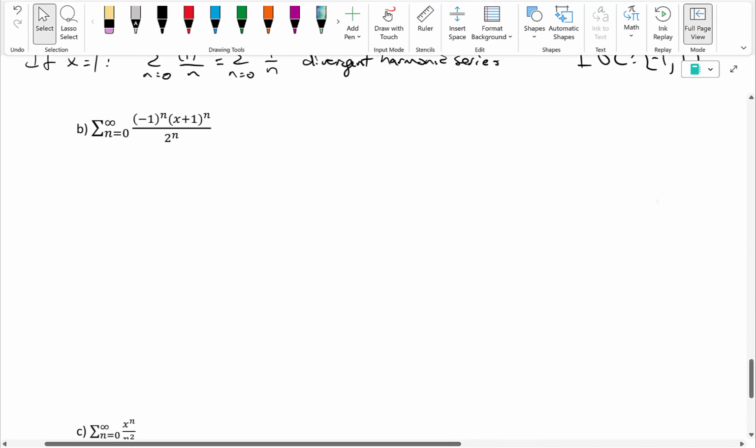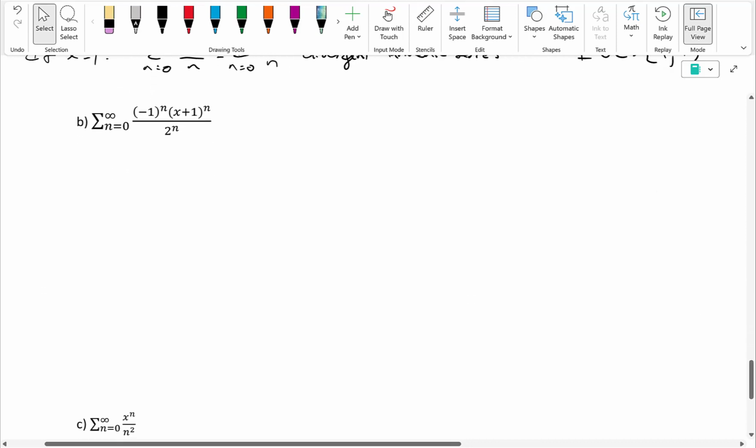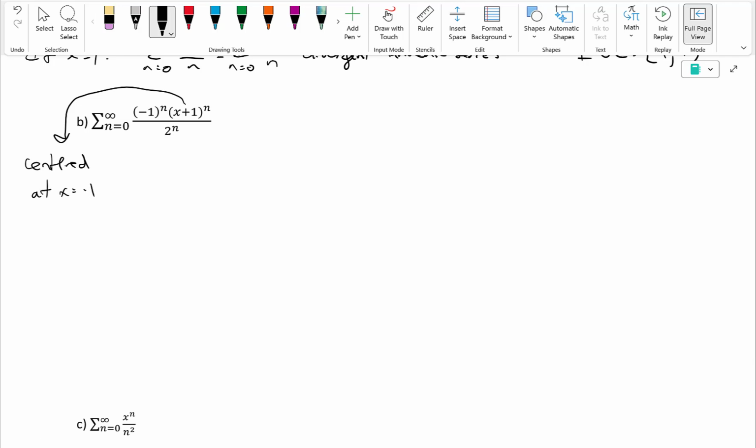All right, for B, we've got the sum from n equals 0 to infinity of (-1) to the n times quantity x plus 1 to the n, all over 2 to the n. So we are centered here at -1. We're going to take our limit with our ratio test to find out where we converge.